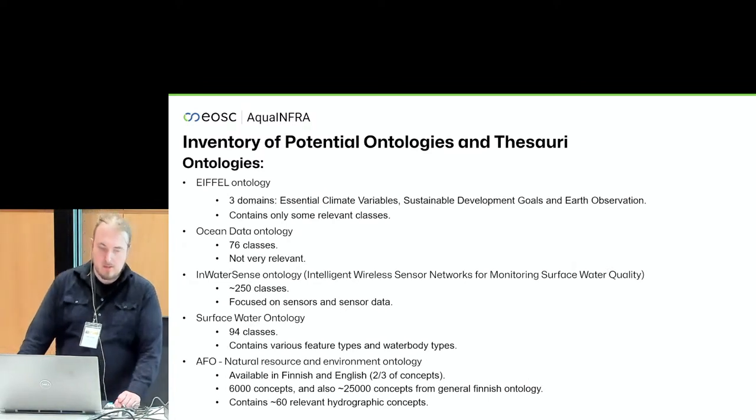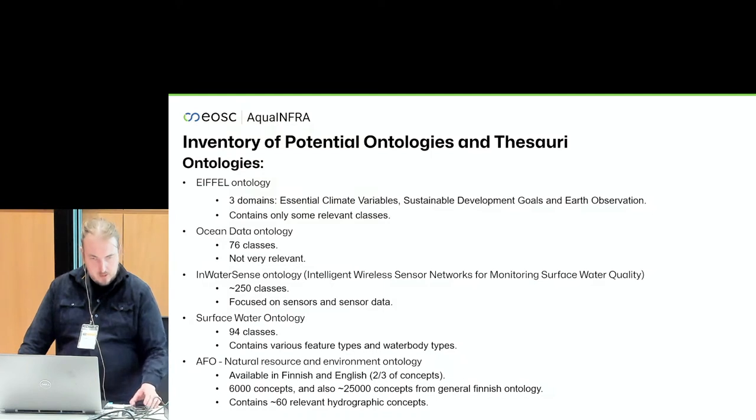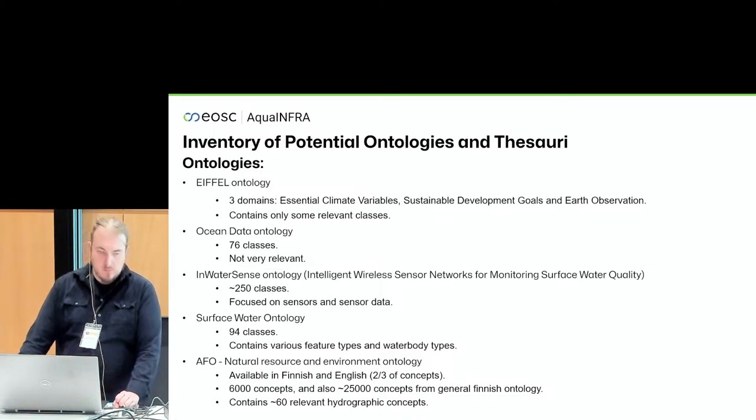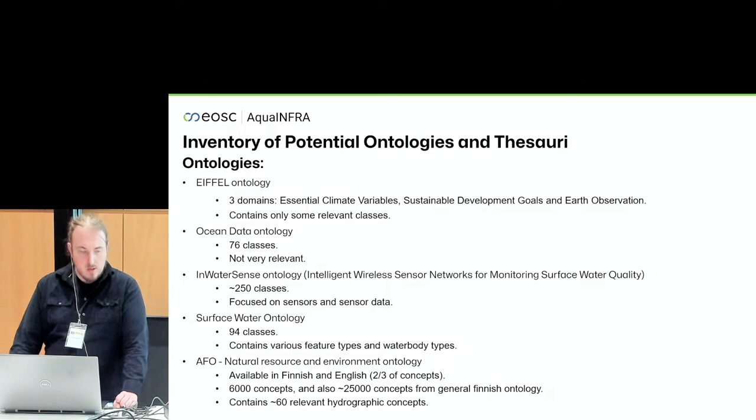First we did some inventory of potential ontologies and thesauri in this project. We went through a number of different ontologies and thesauri. We went through the Eiffel ontology, which consists of three domains: essential climate variables, sustainable development goals, and Earth observation, but this contained only some relevant classes for our use cases.